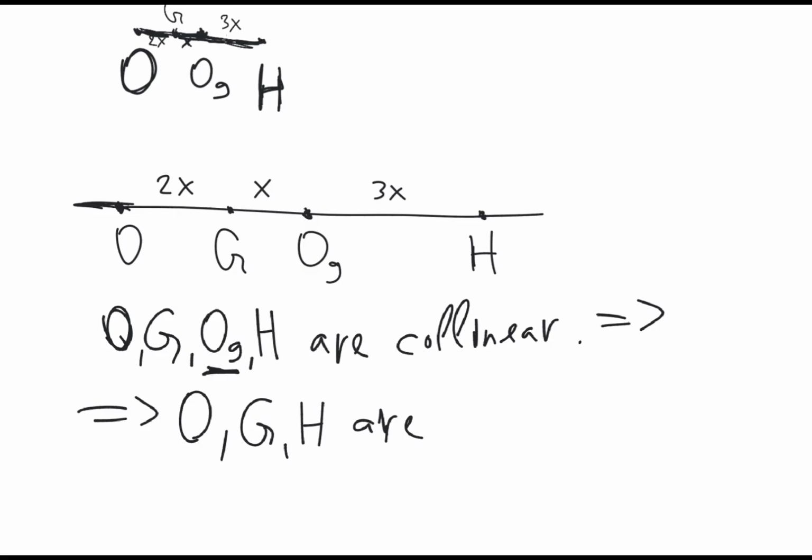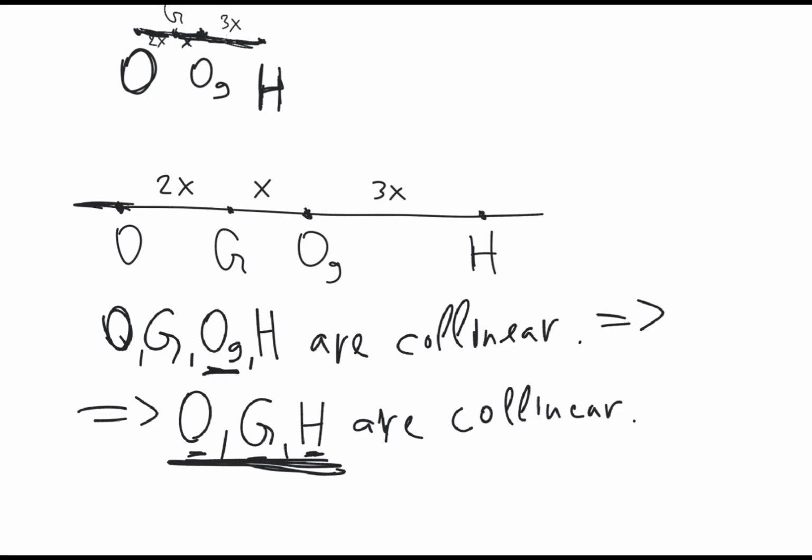If all these 4 points lie on the same line, in particular these 3 lie on the same line as well, these 3 are collinear. Again, we recall that O is the circumcenter of the triangle ABC, G is the centroid, the intersection point of the medians, and H is the orthocenter. So now we proved as an unintentional consequence that these 3 points are collinear, that the centroid, the circumcenter, and the orthocenter of any triangle are collinear.